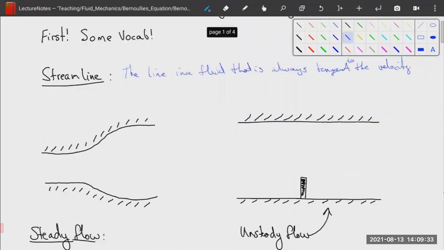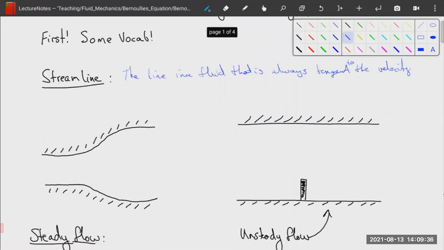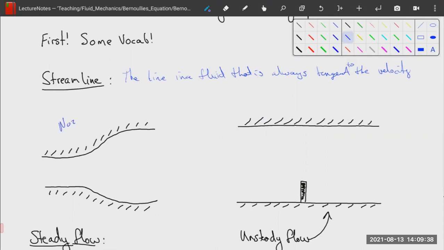So let's say we have a nozzle here. This is a nozzle. And then with this nozzle, if we start right here, the fluid is going to flow and it's going to expand as it goes, right? And the lines you draw that denote this expansion, just like that, are always tangent to the velocity, so they are streamlines.